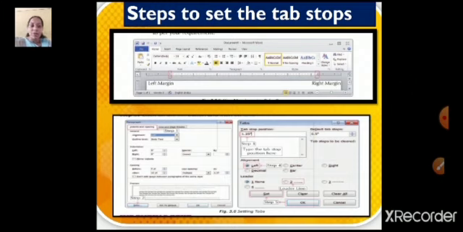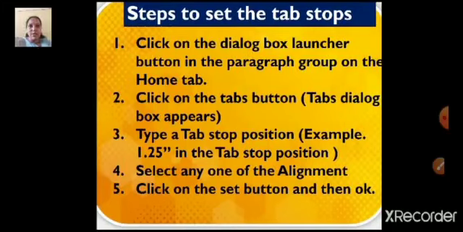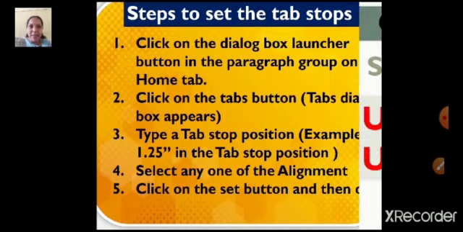In that you have to click on tabs option. You will get the tabs window. There you have to type how many inches of space you need to leave when you press a tab key. Then alignment, choose the required alignment and click on set and OK. Then based on the settings you have made, the cursor moves when you press a tab key.